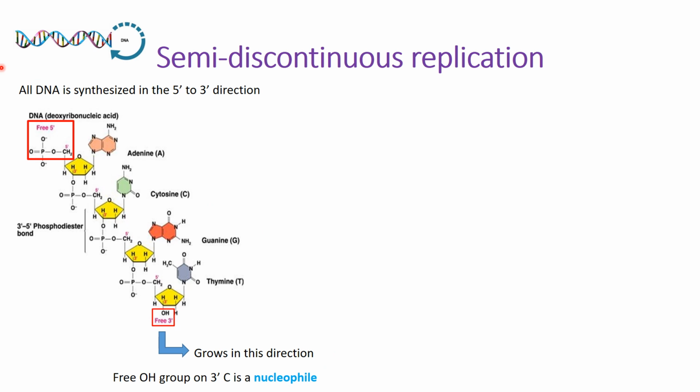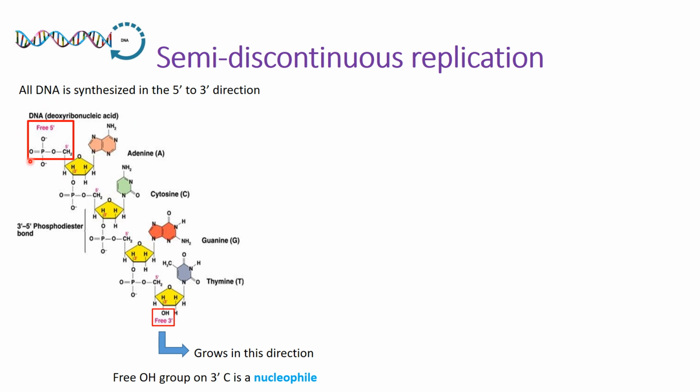So as we said, all DNA is synthesized in the 5' to 3' direction. And we know, we've looked at this before, we know that it is 5' because there is a free 5' carbon at this end, and there is a free 3' carbon at this end, right? So DNA can only grow in this direction with a new nucleotide being added on this end the whole time.